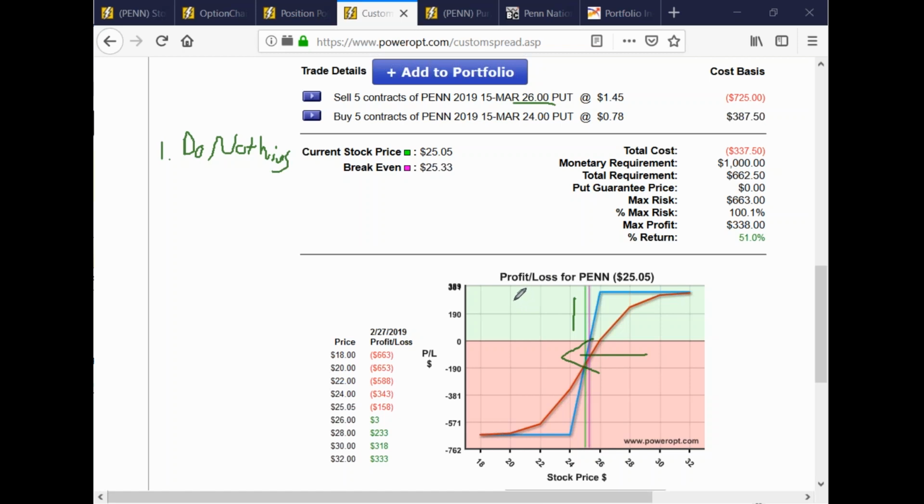Rule number 1 of a naked put position: never sell a naked put on a stock you would not want to own long term, because that is the potential outcome. And it could happen suddenly. If it suddenly fell today, it's at 25.05. Buyers of the puts on the other side, they all panicked and decided they wanted to cash out now.